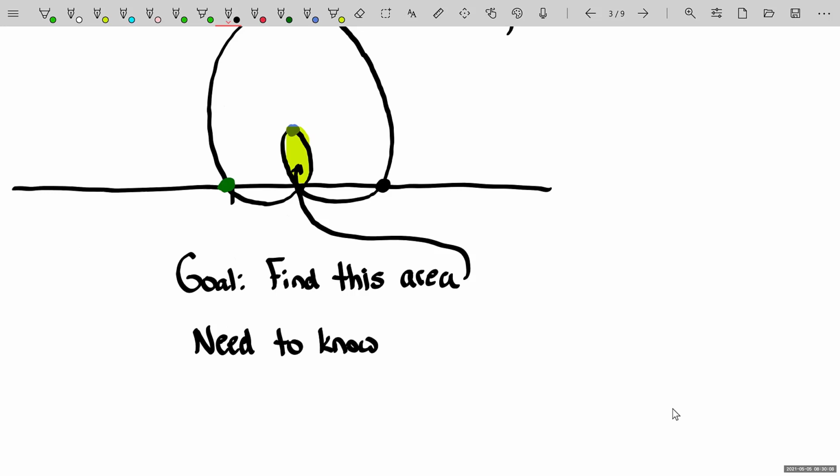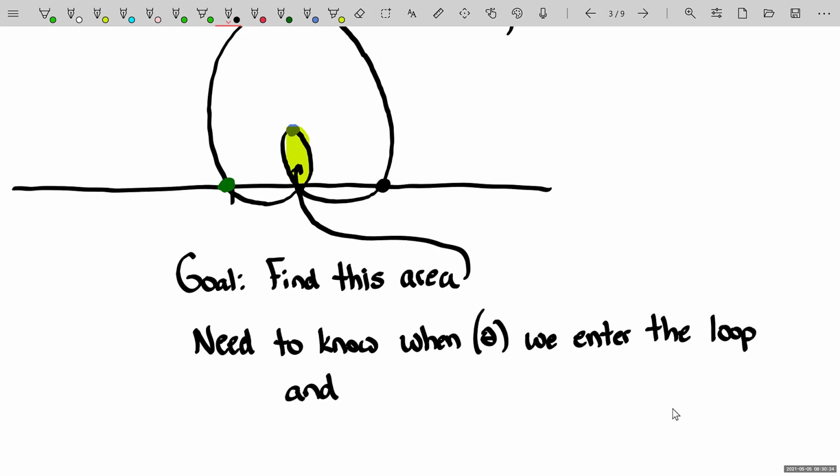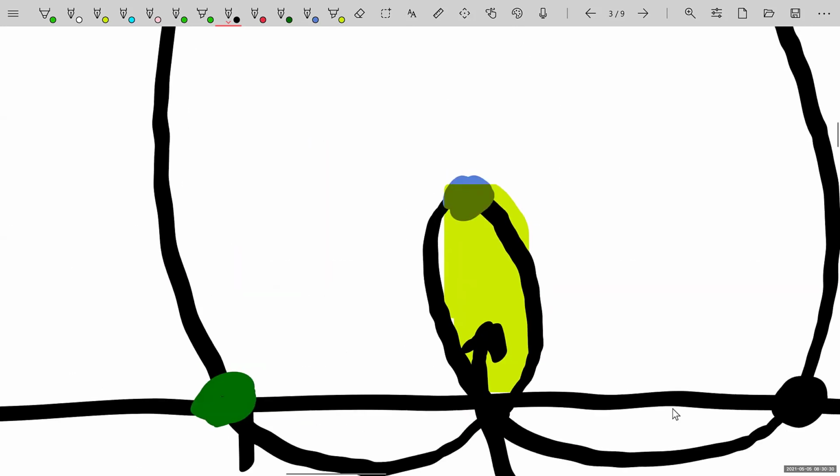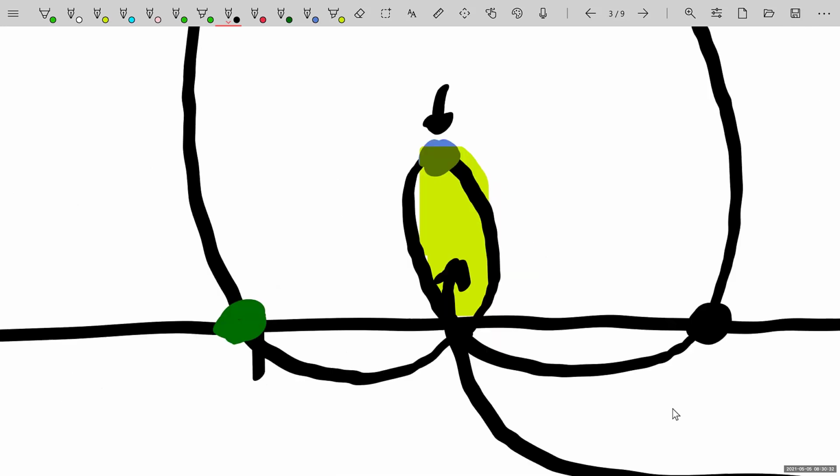And you could use symmetry here, but it's just easier to say when do we enter and exit. So we need to know when, that's theta, we enter the loop. And you could either say when we leave the loop, or you could say when we get halfway through the loop. And actually, we do know when we get halfway through the loop. So I'm okay with that.